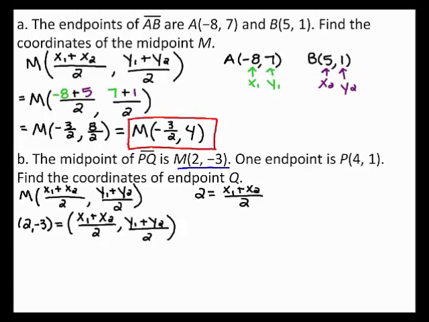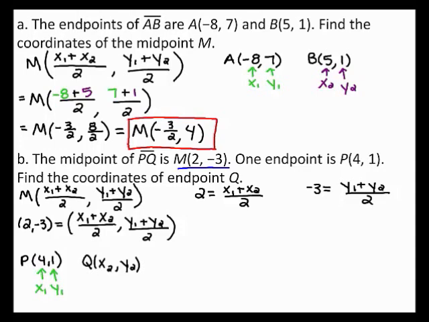Therefore, 2 must be equal to x1 plus x2 all divided by 2, and -3 must be equal to y1 plus y2 all divided by 2. Now, you are also told that one endpoint is P(4, 1). Let x1 equal 4 and y1 equal 1, and let the coordinates of endpoint Q be (x2, y2).